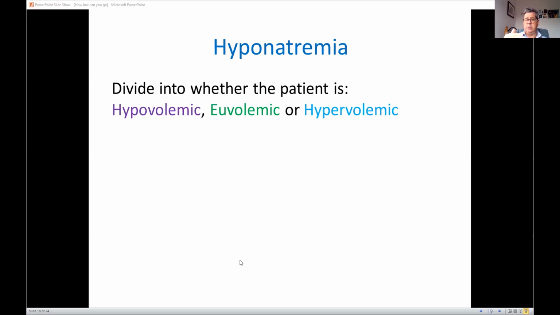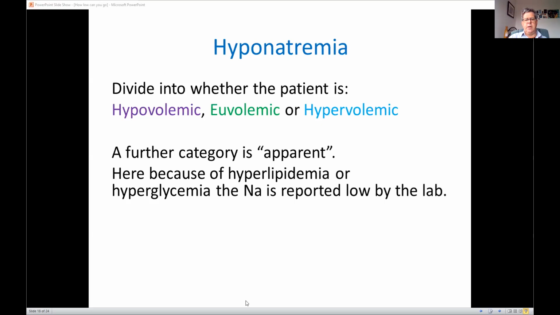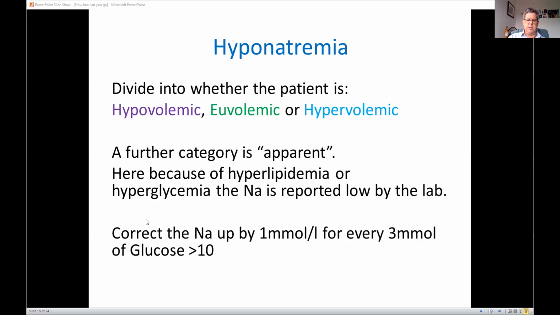In this case, it's 30, because the total is 40. Divide that by 3, you end up with 10, and then you add that to the sodium. So if the sodium was 115, you add the 10, make 125. This is the apparent one, most commonly seen with hyperglycemia. You correct the sodium up by 1 millimole per liter for every 3 millimoles of glucose above a glucose of 10 millimoles per liter.